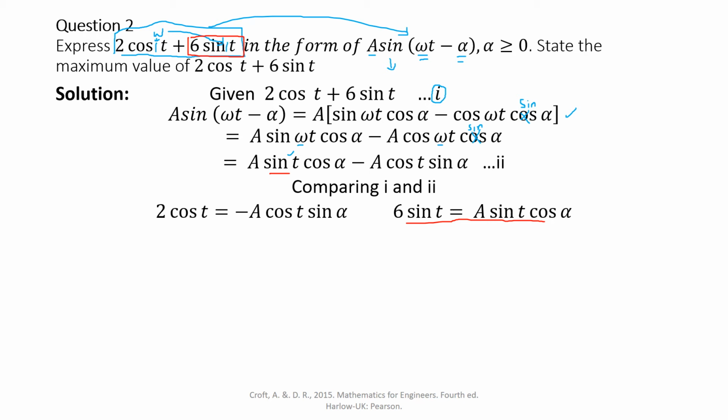I have corrected here. So this is the second term, which has got cos of t, and cos of t here in the first term. So this is a comparison.